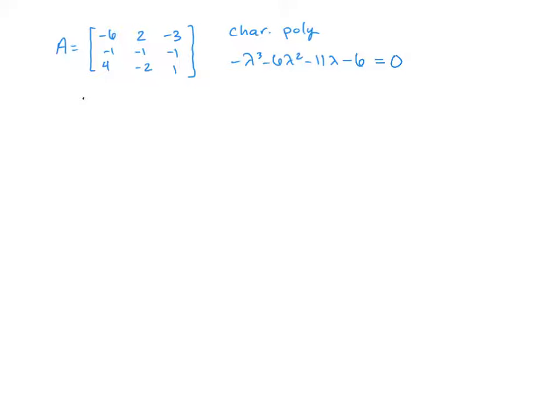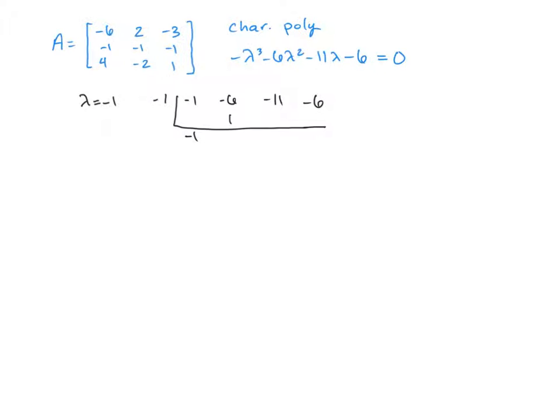So if lambda is equal to -1, we can use synthetic division to reduce this down to a smaller degree polynomial. All right, so we'll bring down the -1, multiply, add, multiply, add, multiply, and add, and we do get remainder 0.